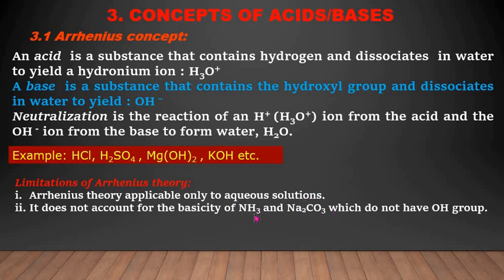In ammonia we have H but we don't have OH, still ammonia is a base. In Na2CO3 we have neither H nor OH, still it is a base. So the drawbacks are that the theory is applicable only to aqueous solutions, and it does not account for the basicity of NH3 and Na2CO3, which do not have an OH group.